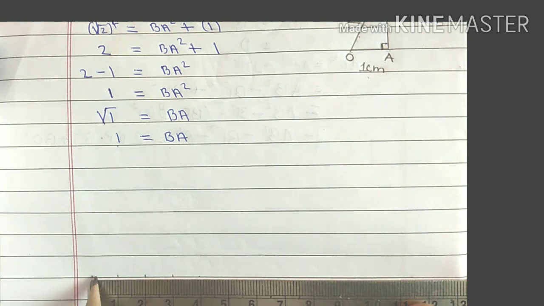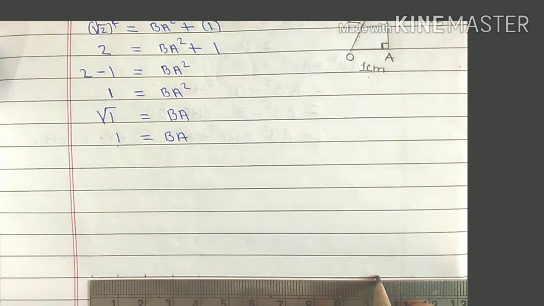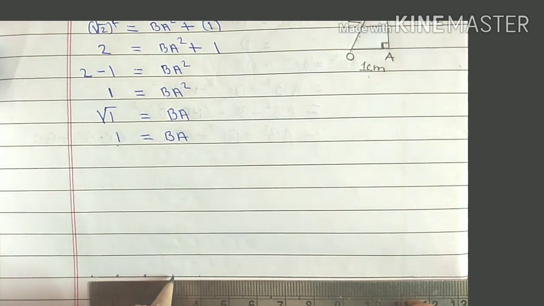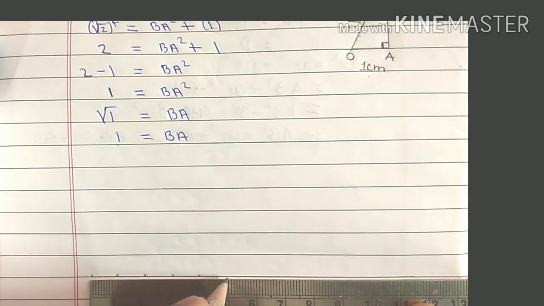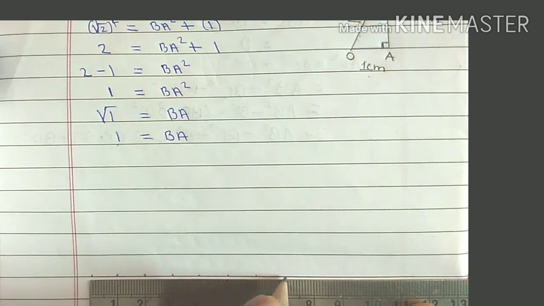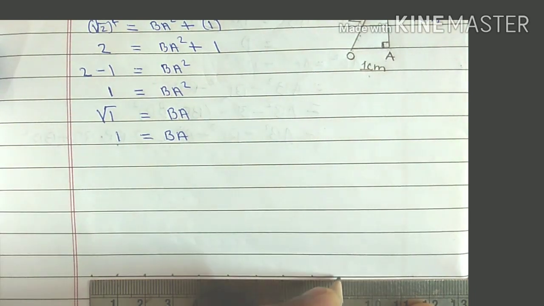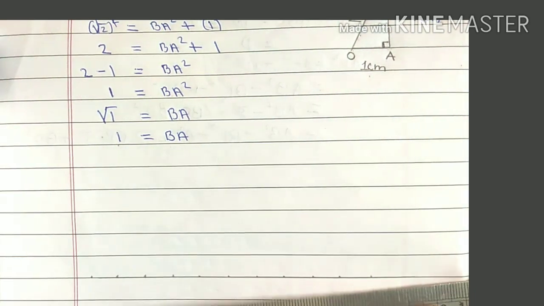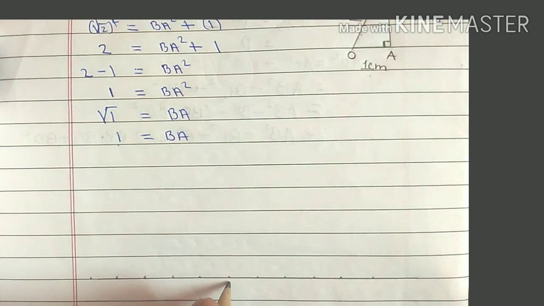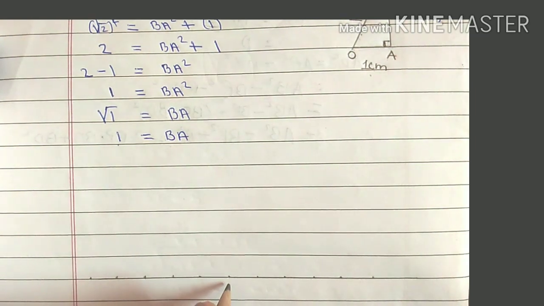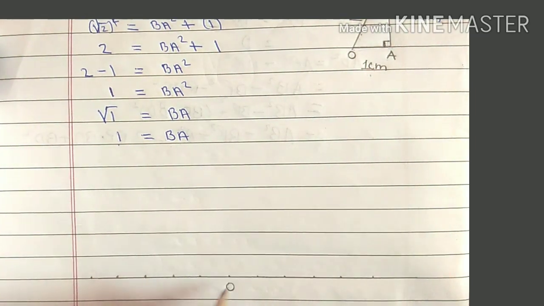First we have to draw a number line. So I am drawing a number line. I am marking these points with the distance of 1 centimeter. So I am taking this middle point as 0.